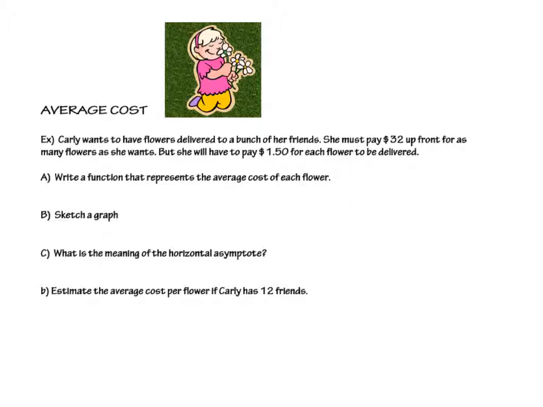So the average cost, I'm going to come up here where I have some space to work. So the average cost, I'm going to do A for average cost. If you think about just in general, what is it going to cost her? She's going to have to pay $32 to get the flowers. Plus, she's also going to be paying $1.50 for each flower she gets, because she's going to have them delivered. Okay, now that's her total cost.